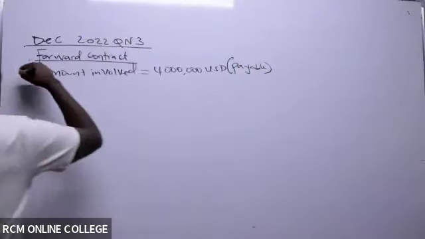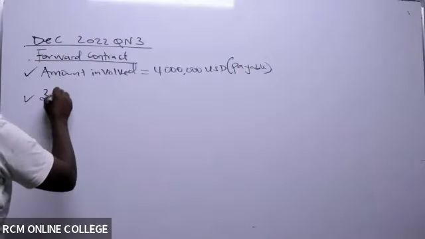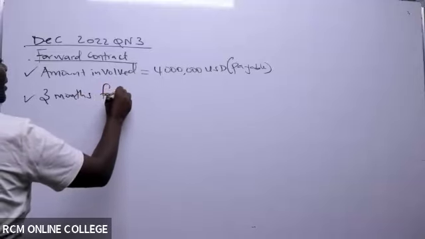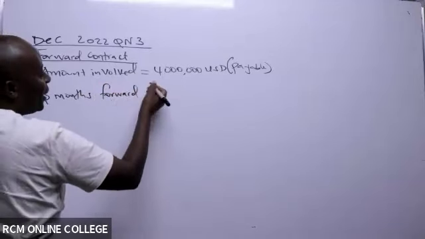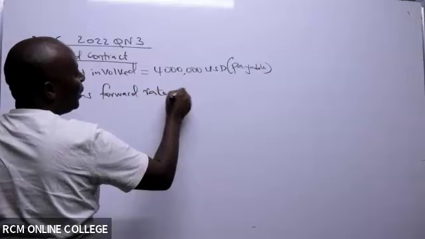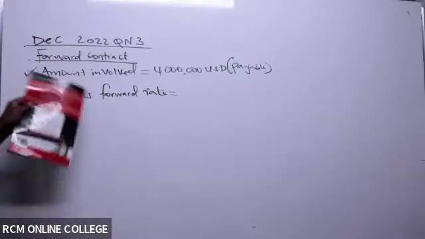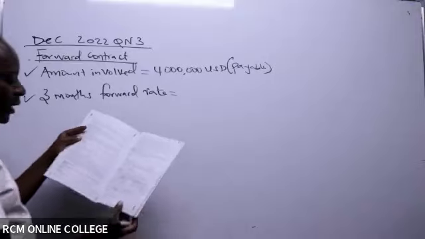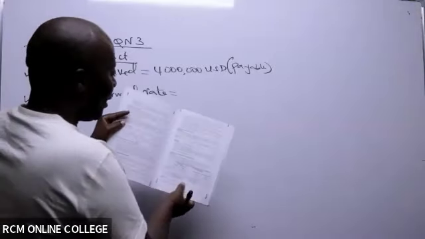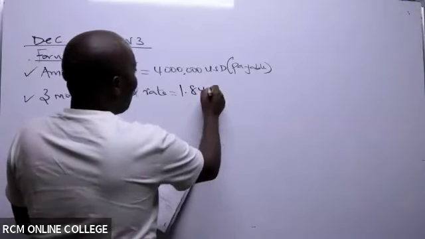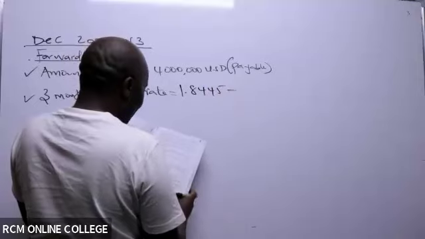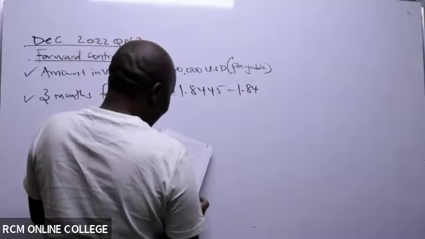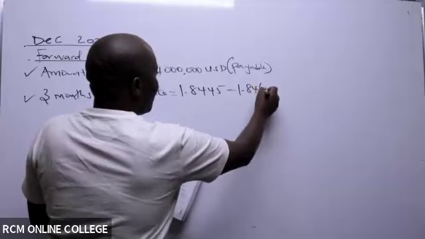From there, the second thing that I need is the 3 months forward contract rate, because it's a forward contract. I can see the 3 months forward rate down there. It is 1.8445 to 1.8460.